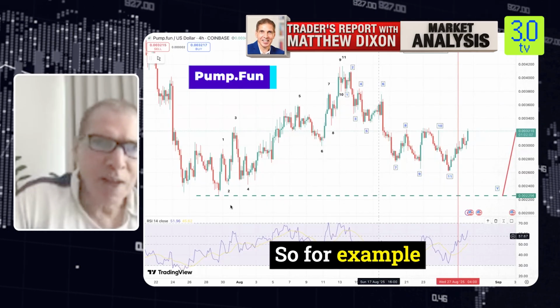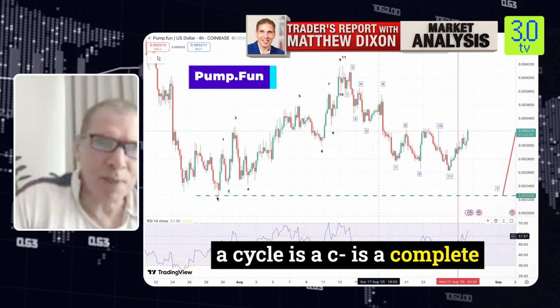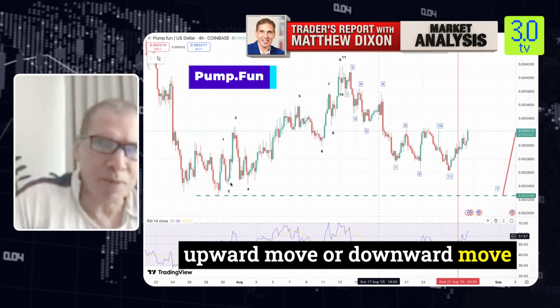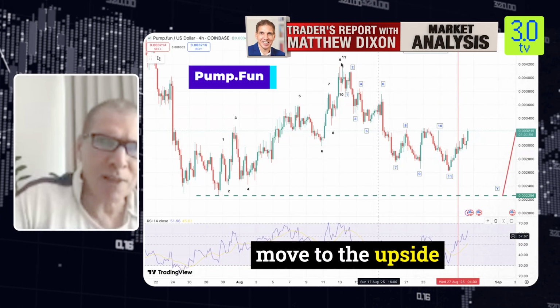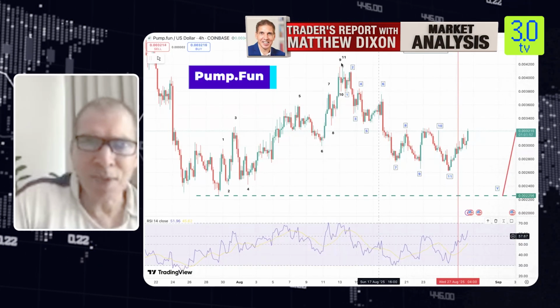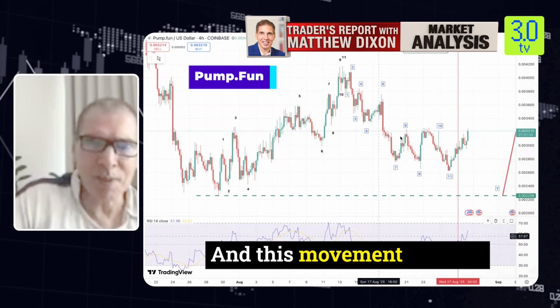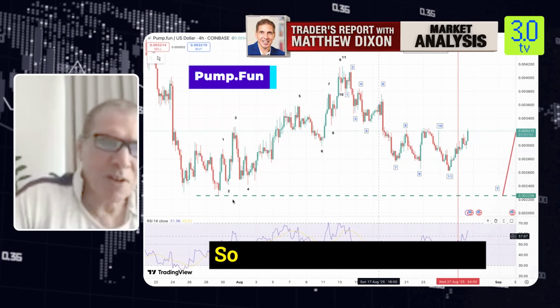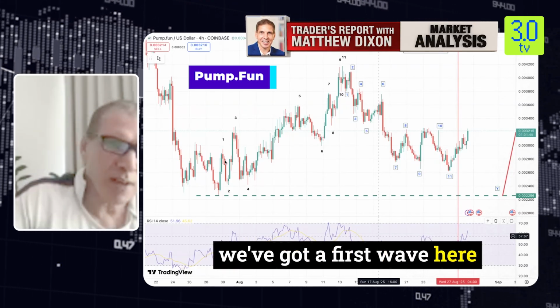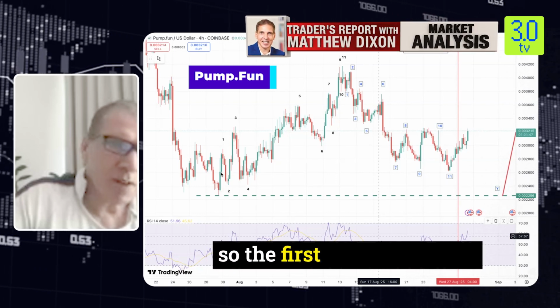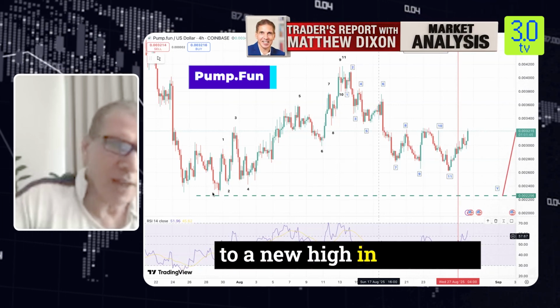So, for example, a cycle is a complete upward move or downward move. So this upward move here is a completed move to the upside. It can be classed as a cycle, and this movement down is another cycle. If we look at the number of waves here, we've got the first wave, and the first wave takes you to a new high in this cycle.